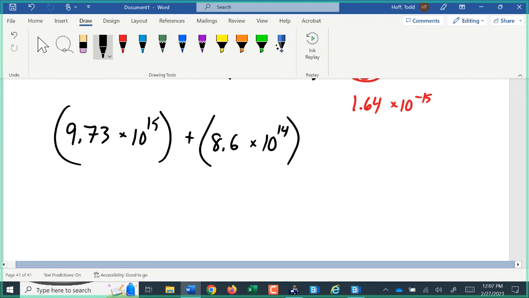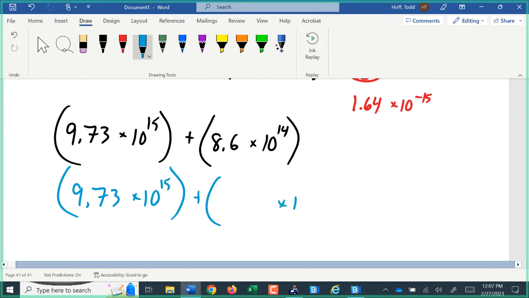But here, since it's 10 to the 15th and 10 to the 14th, they're only one apart, we can go ahead and convert them. We have to change them to be the same. Typically, we go to the larger power. So this one will stay 9.73 times 10 to the 15th. This one is going to become 10 to the 15th. Now, we got to reverse the process we did up here. The power got larger, went from 14 to 15.